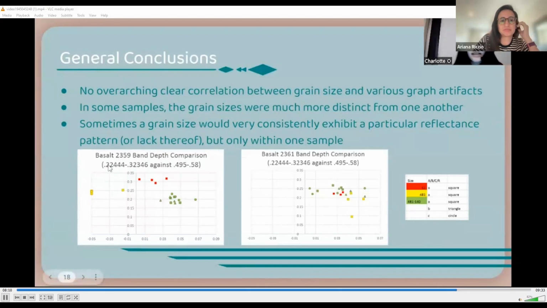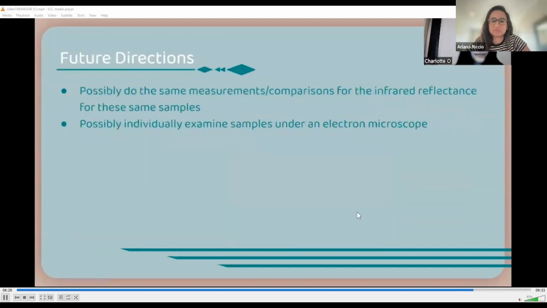The negative implies that it doesn't have a band, because it's weird to have the depth be above the normalization. But then for the 2361 sample set, the band depth does pretty consistently have a band. So within a sample set, they tend to have more patterns than overall.